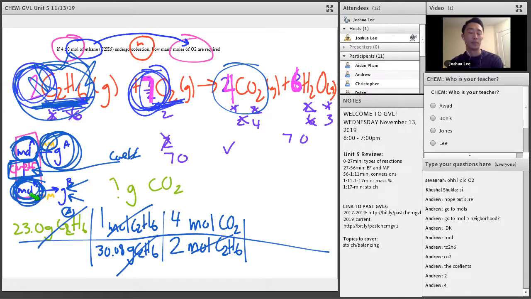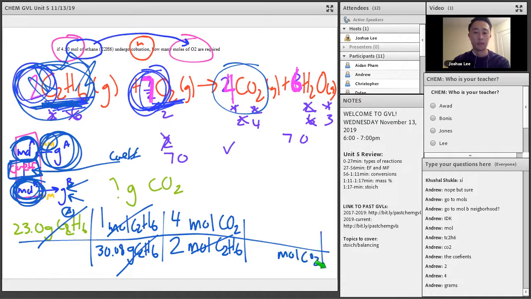What will be my last step to convert moles into grams? In this case, Mr. Mole's by himself, so he gets the 1. Then 44.01 grams of CO2 over 1 mole, moles of CO2 cancel out, times 2 times 23.0, don't need the 0.0 part, divided by 30.08, and you get, anyone have the answer?